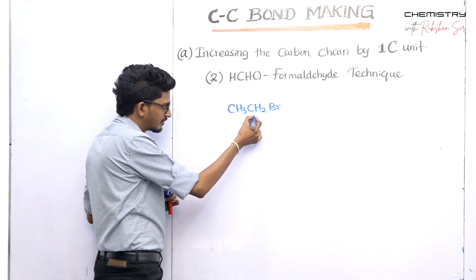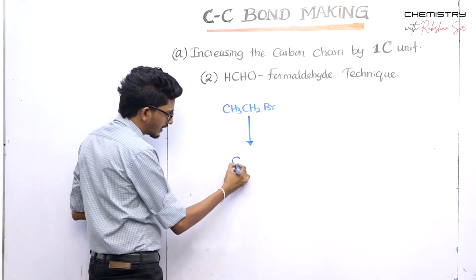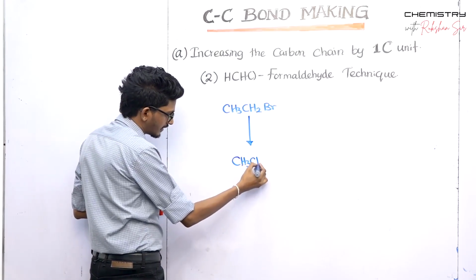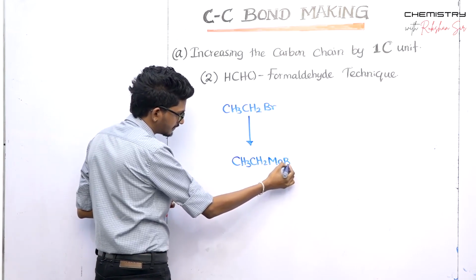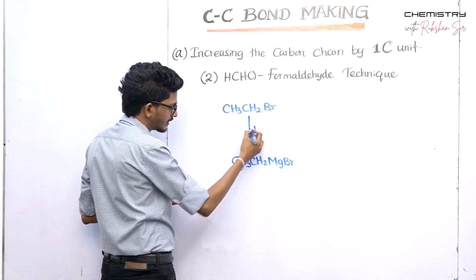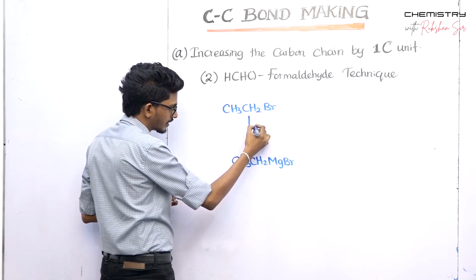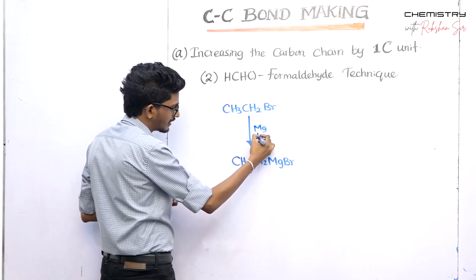First, convert this alkyl halide to a Grignard. The formaldehyde technique uses Grignard. You can produce the Grignard reagent by just adding magnesium in dry ether.